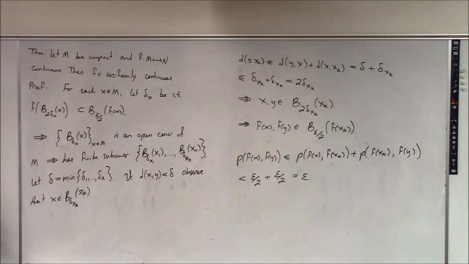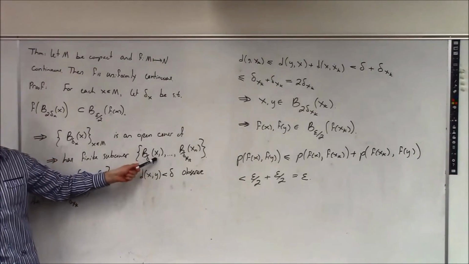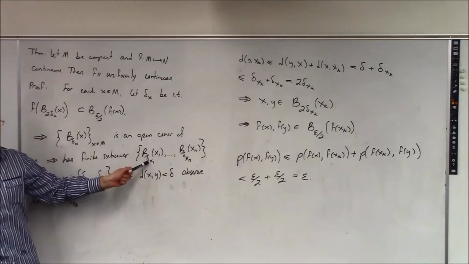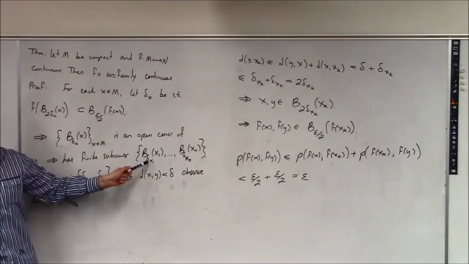Any questions? The compactness, notice I picked the open cover and I was able to reduce it to a finite subcover. And that ensures that I have a minimum delta.